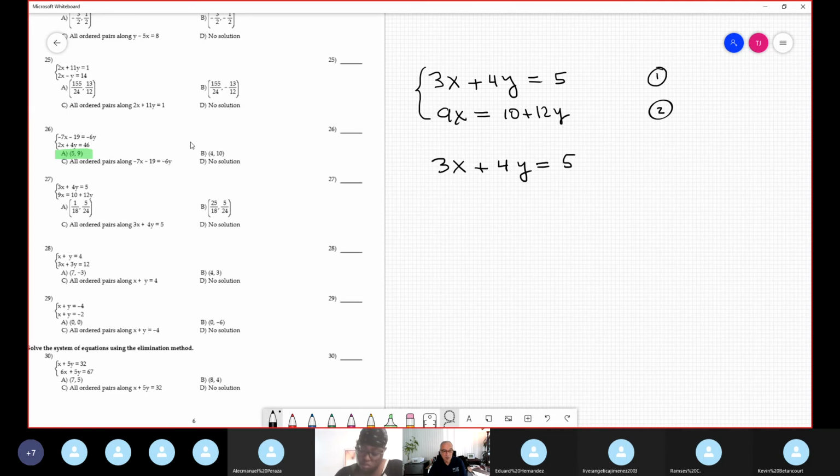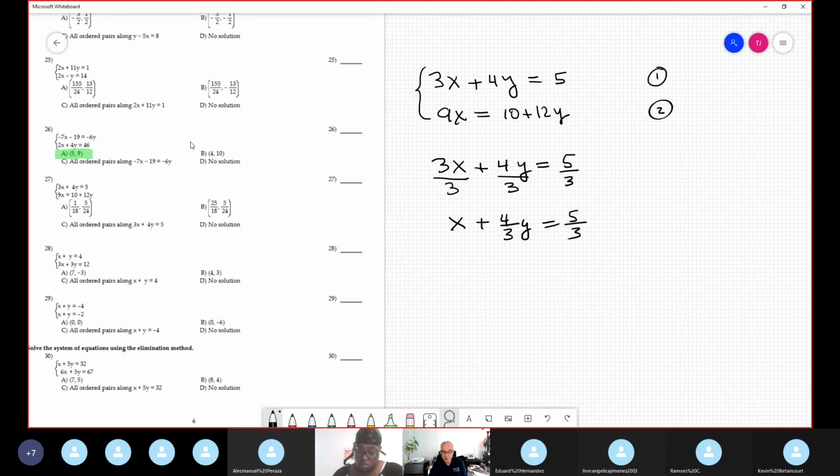This is the typical example that's not good for substitution. You divide the whole thing by 3, because when you divide by 3, you introduce fractions, and fractions are not nice. You have x plus 4 over 3 y equal 5 over 3.